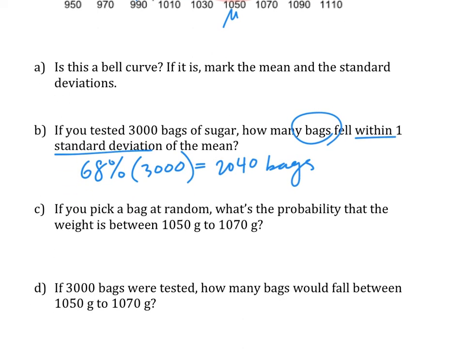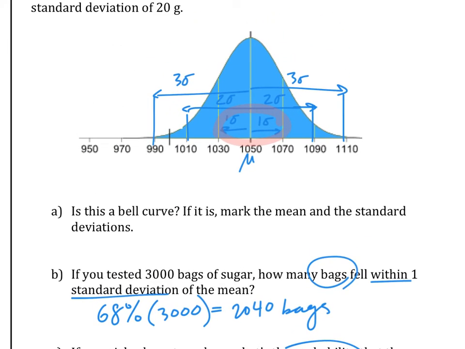Next, if you pick a bag at random, what's the probability that the weight is between 1050 and 1070? 1050 and 1070, that's going to be here, which is 1 standard deviation away from the mean only on the right.